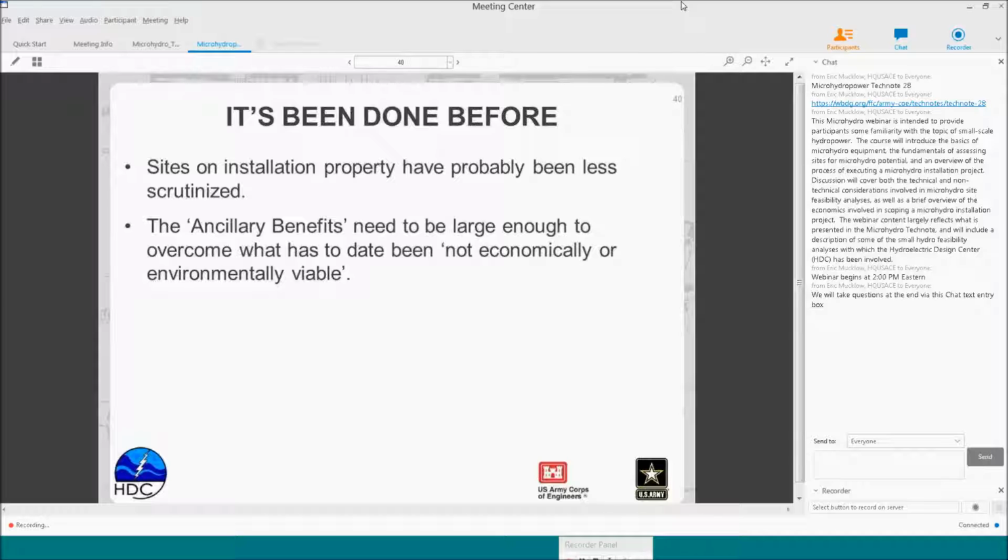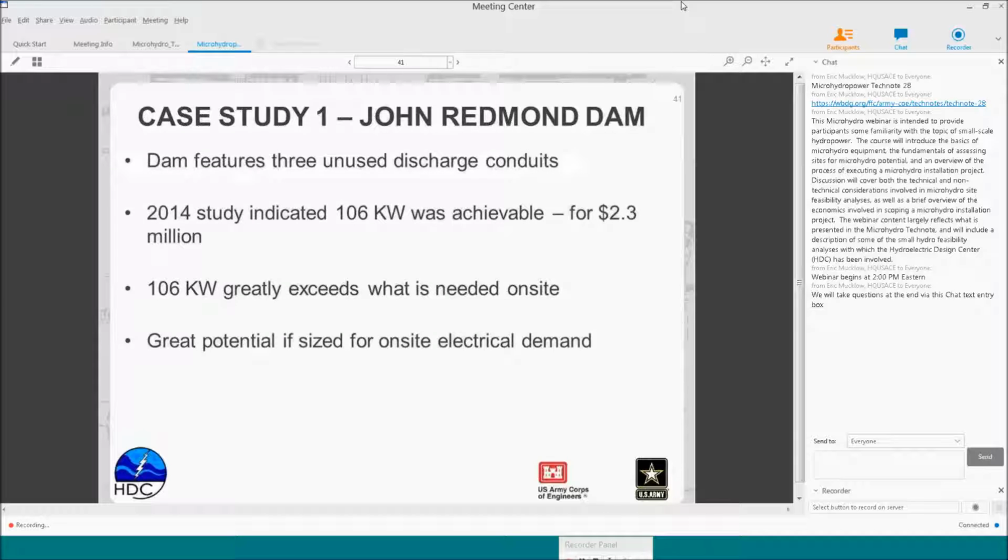A case in point is John Redmond Dam. This is a USACE flood control and water supply dam in Kansas. The Corps commissioned a firm to look into the feasibility of hydro development at this site. What makes it particularly appealing is the existence of 3 auxiliary pressurized pipes that pass through the dam.